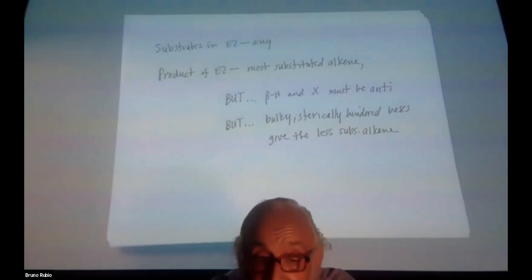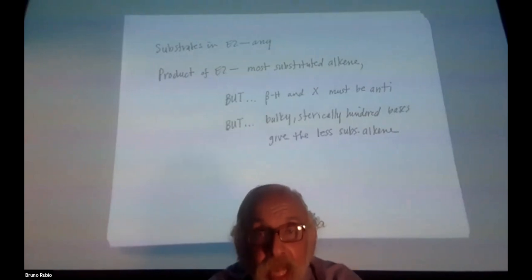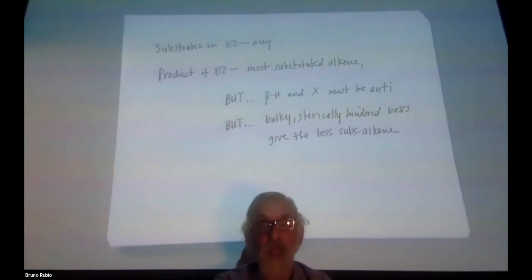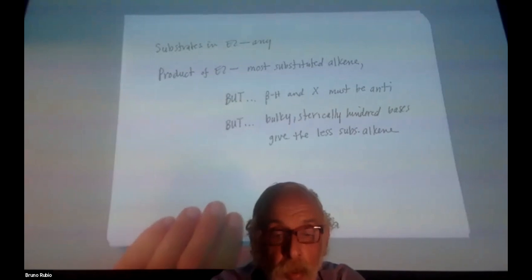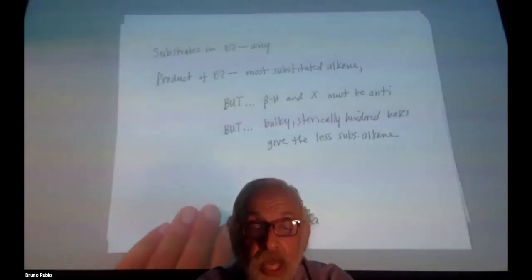But once again, the beta hydrogen and the leaving group must be anti to each other. Okay, so I've said a lot here. So let's just do some problems here and try to flesh out some of these ideas about the E2 elimination.